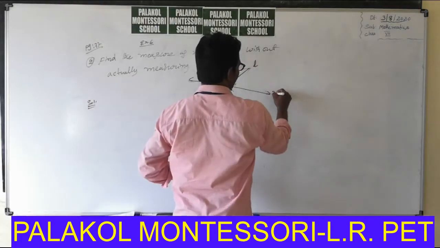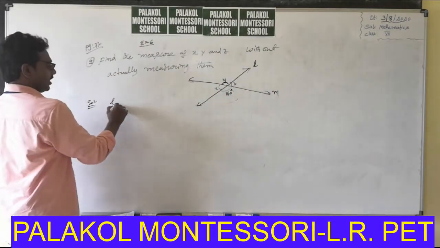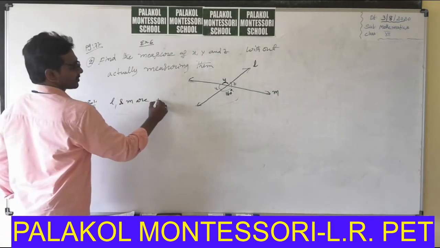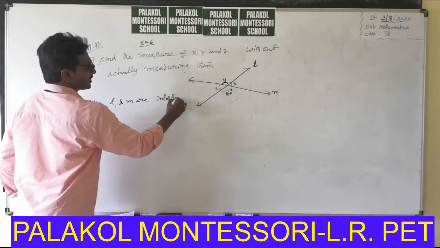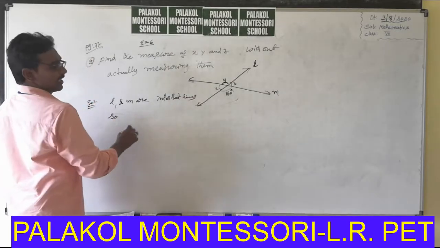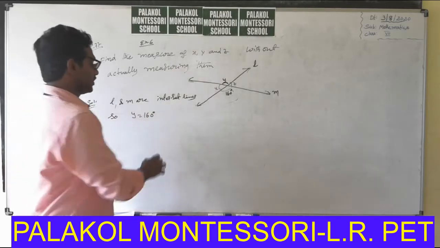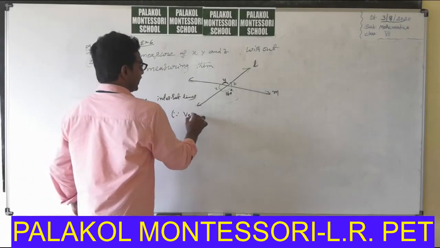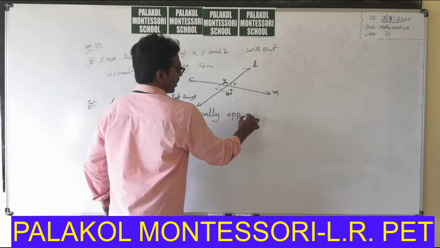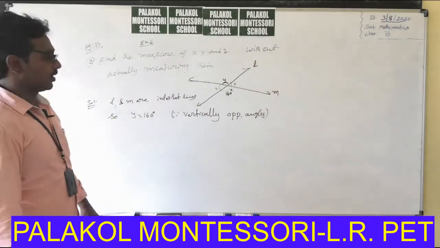Suppose this line is M and this line is L. L and M are intersecting lines. So y is equal to 160 degrees because vertically opposite angles are equal.